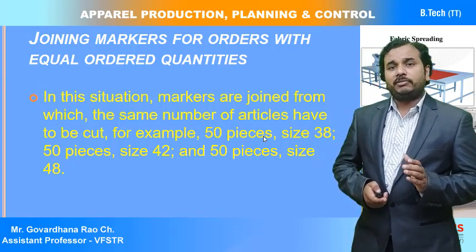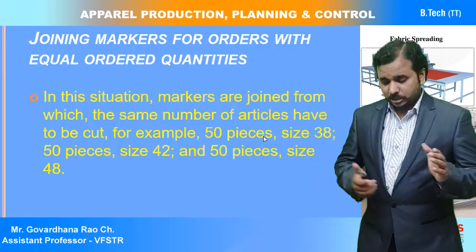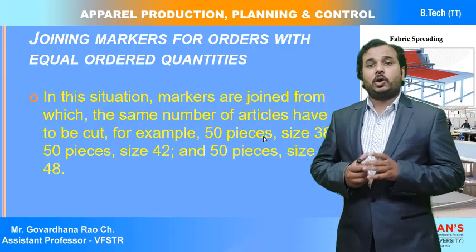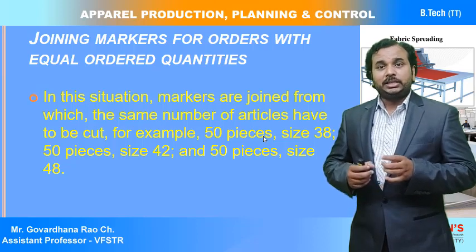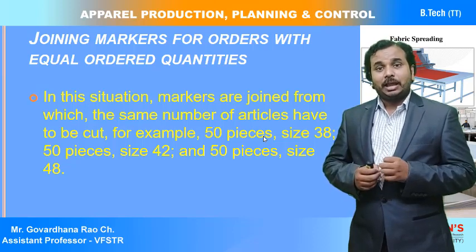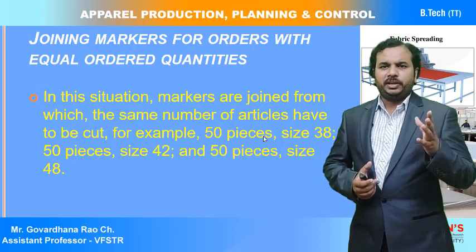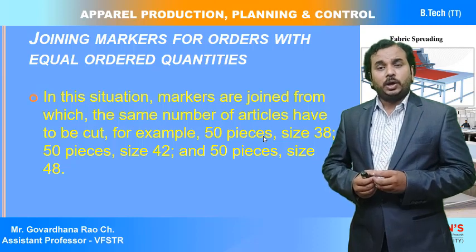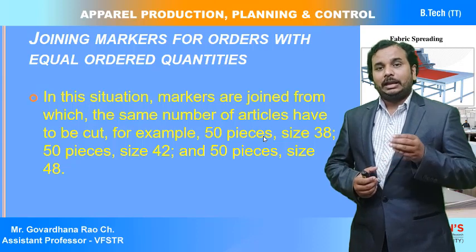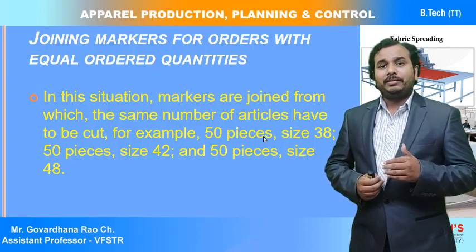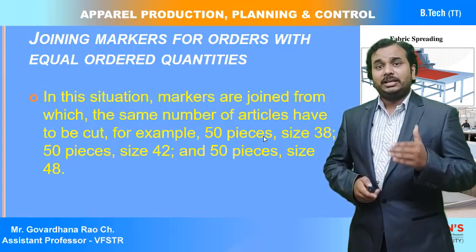This is a very important point in terms of preparing the marker. Suppose the buyer gives an order of 5 different sizes, and out of these, 3 sizes have an equal ordered quantity, for example 50, 50, 50 for each size. If the remaining 2 sizes have a smaller order quantity, then we prepare a separate marker for those sizes.